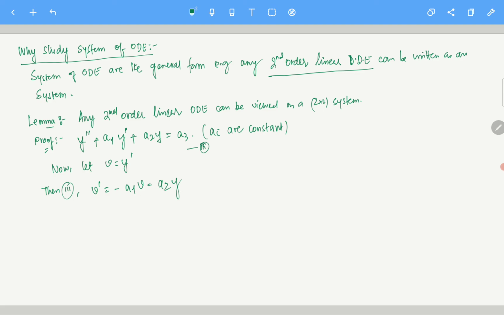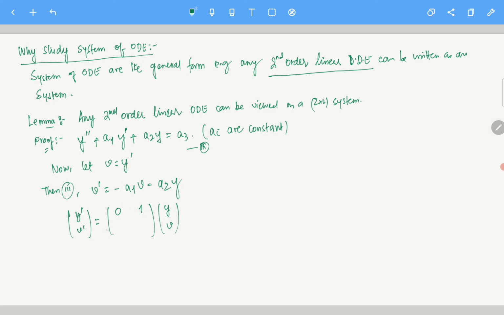Now that's a system, right? How is it a system? You see, I have two equations, for y prime and v prime. I can write it like this: y prime is v. If I am writing this as 0 and 1, it is y times 0 plus v. So y prime is v.